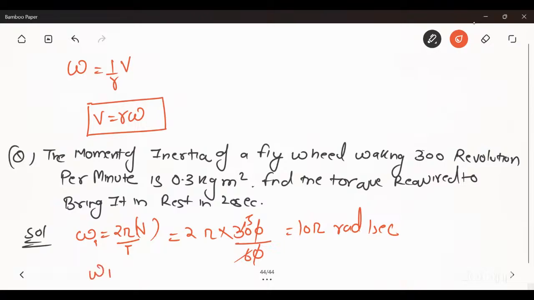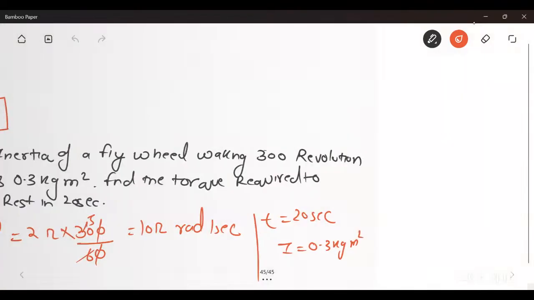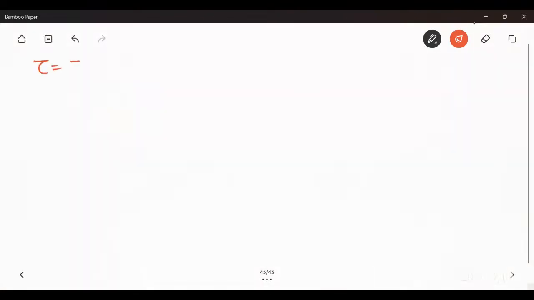So we have final velocity equal to 0, time given is 20 seconds, and I is 0.3 kg meter square. So what is the formula of torque? Torque is equal to I alpha. Alpha is the rate of change of velocity with time.